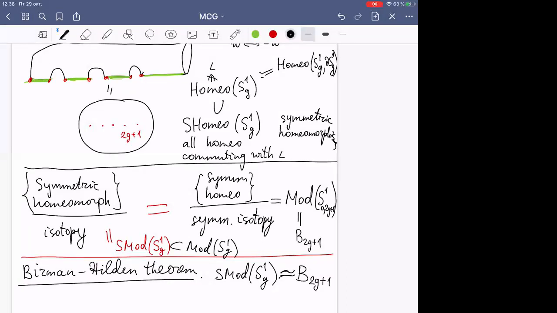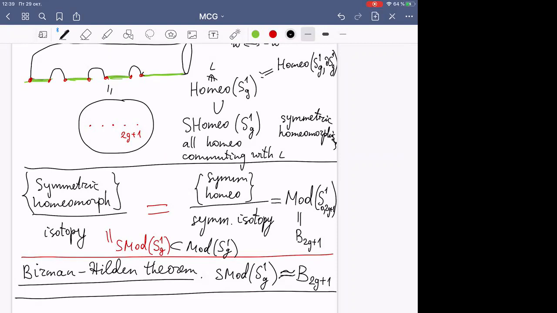Yes, and moreover, it is also true that this symmetric mapping class group is exactly those mapping classes which commute with the hyperelliptic involution up to homotopy, but we will discuss this later. Let us now start from this. But okay, let us start with an easy part.